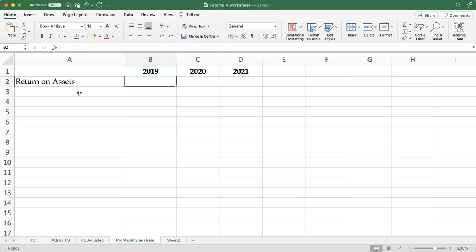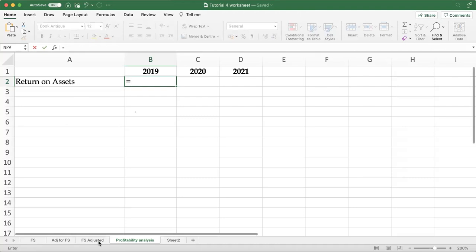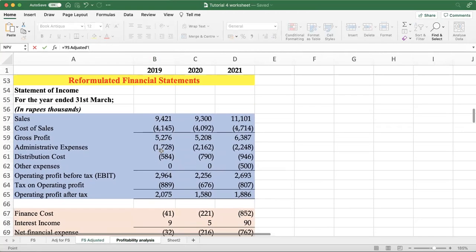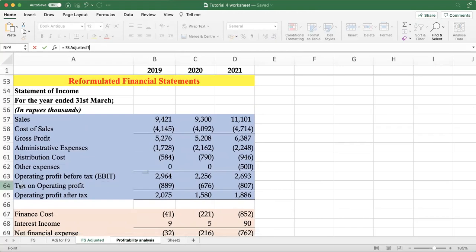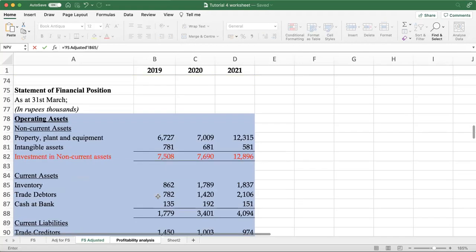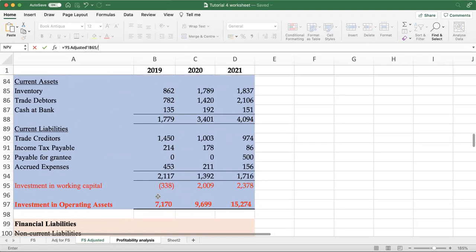Now we have these values in the reformulated financial statements. So equal, you move on to the reformulated financial statements. You see operating profit after tax, divided by total investment in assets.